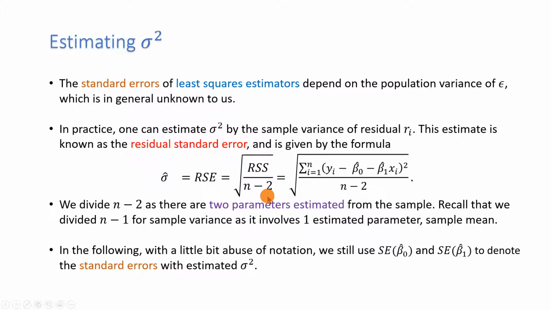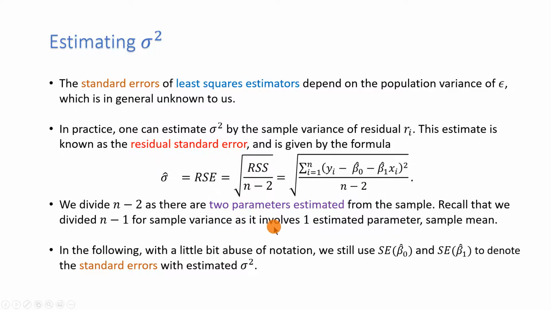And recall that the residual sum of squares is defined as the summation from i equals 1 to n, and each term in this summation is the square of your residual Ri, which is defined as Yi minus beta 0 hat minus beta 1 hat times xi, and then taking square, right? And this whole term is divided by n minus 2, right?